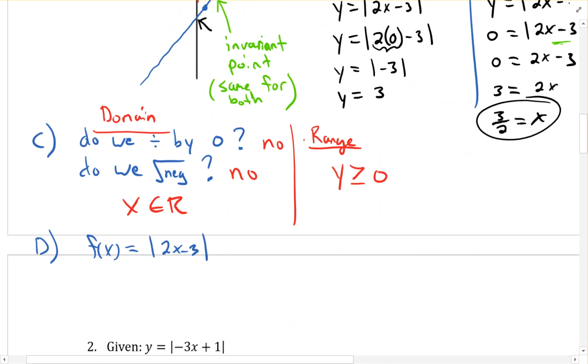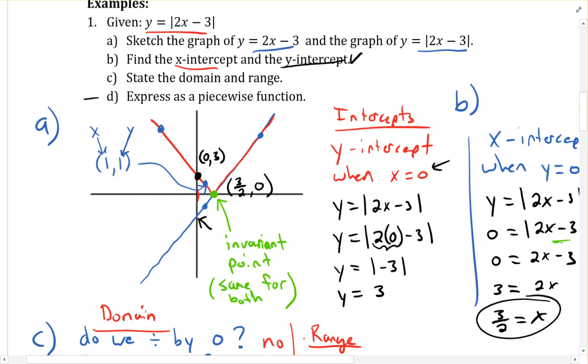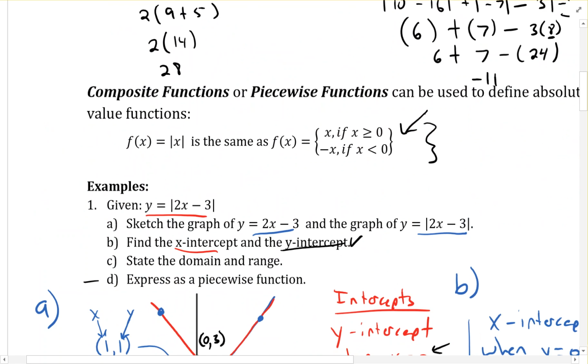But we could also say f of x, just being a bit more detailed. We're going to use these fancy brackets, and we're going to have two pieces. That's why it's called a piecewise function, or a composite function. Composite means made of pieces. I mean, it's made of different pieces.